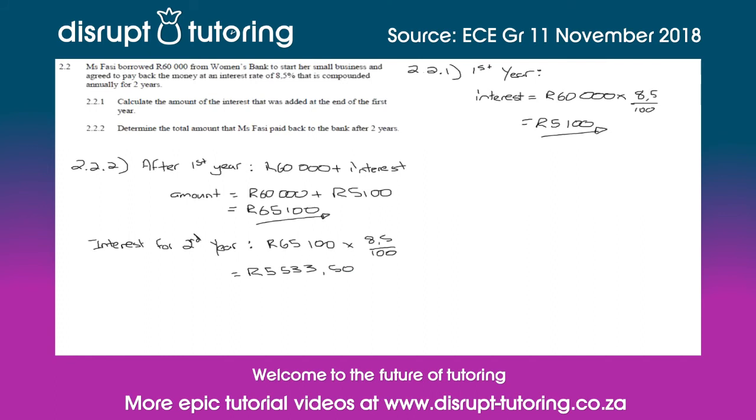So the total at the end of the second year is going to equal the amount calculated for the end of the first year, so that's 65,100, plus this interest we accumulated over the second year, which is 5,533.50.